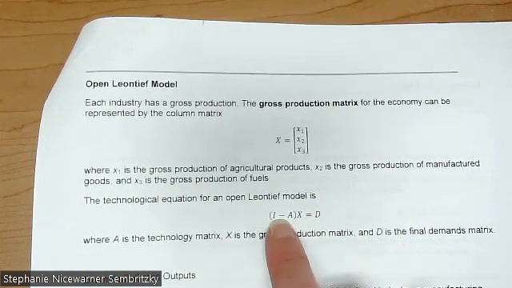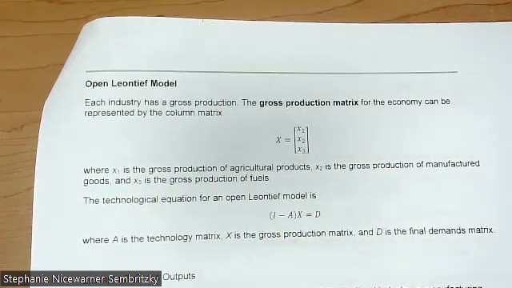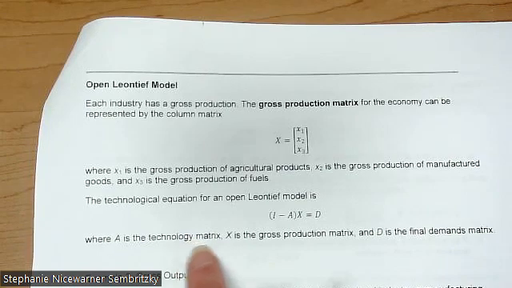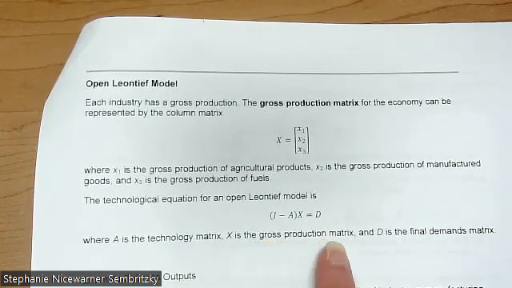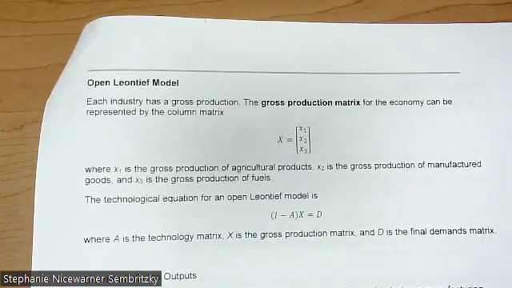So it's got I minus A. I is the identity matrix. A is going to be our technology matrix. X is the gross production matrix, and D is the final demands matrix.